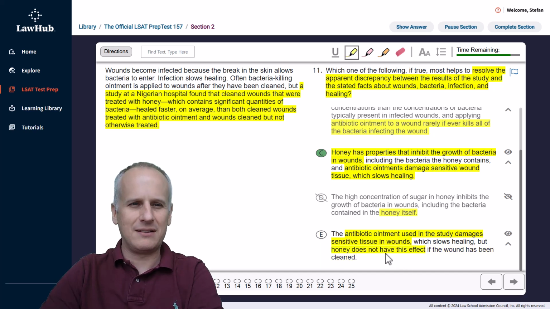So this basically is the flip of choice D. It shows why the antibiotic ointment isn't as good at healing, but it doesn't explain why the honey would be better than not treating the wounds at all with either the honey or the antibiotic ointment. So again, it only addresses one half of the discrepancy, and choice C is the only option that addresses both parts to resolve that apparent discrepancy or paradox presented in question 11.